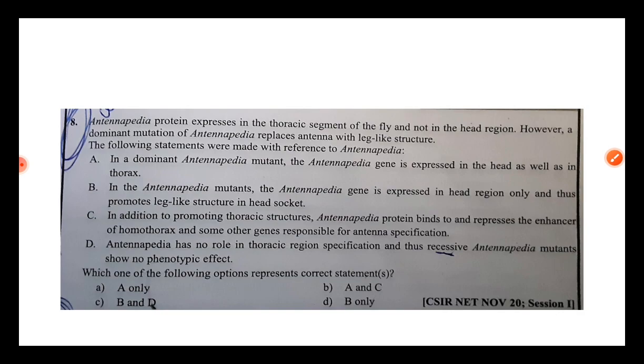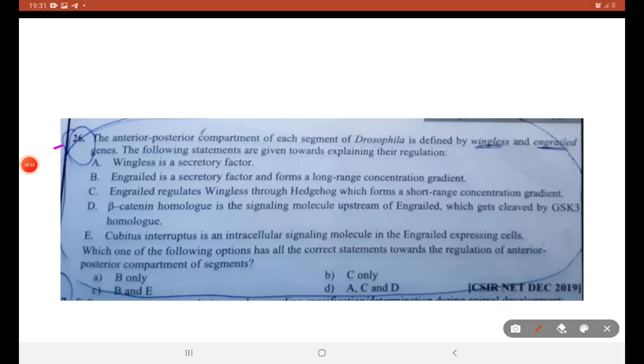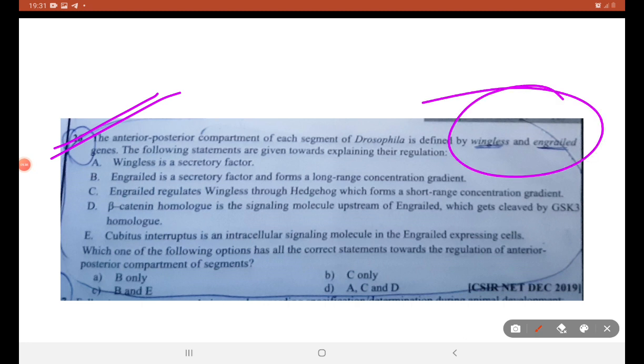Now about the anterior posterior compartment of each segment of Drosophila, which is defined by Wingless and Engrailed. Wingless is a secretory factor. Engrailed is a secretory factor. It forms a long range gradient? No, it forms a short range gradient. B is absolutely wrong. Engrailed regulates Wingless through hedgehog. Short range gradient, correct.